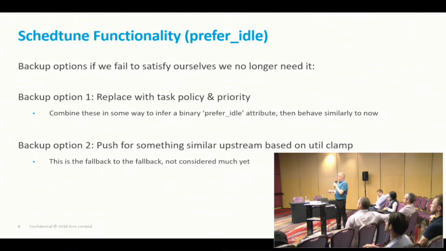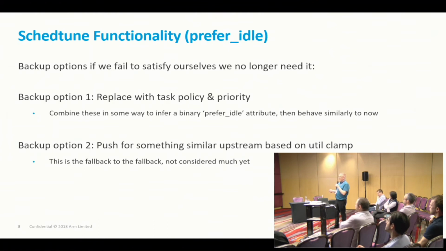We have two backup options. The first one is to try and combine the task policy, so the sched policy, and maybe the priority or shares or some other attribute to infer whether prefer idle is required or not. Do we need to change behavior or not?